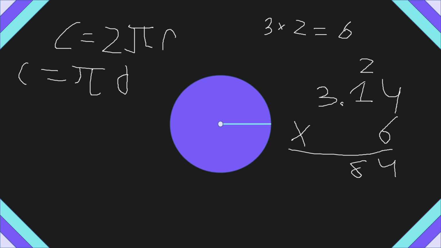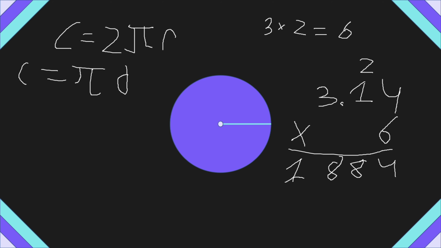Then 6 times 3 is 18. And that should be it.